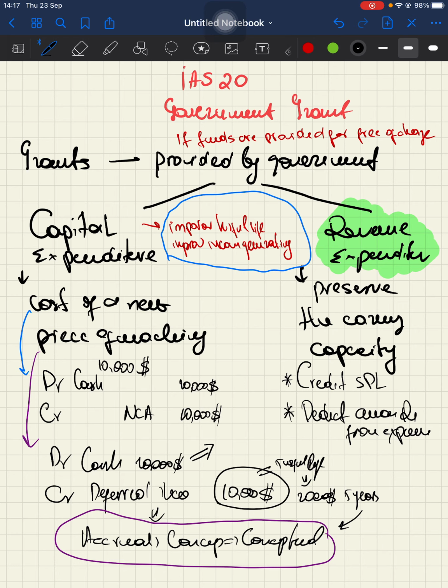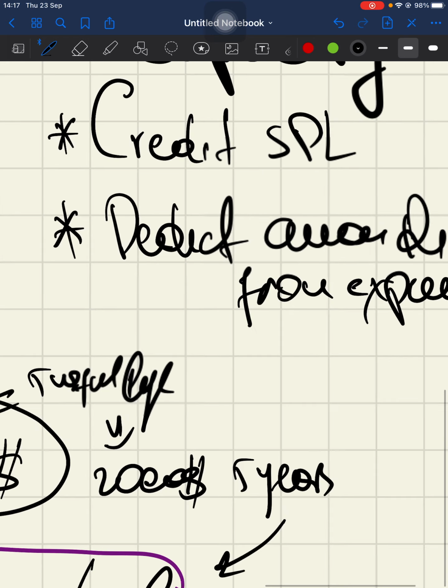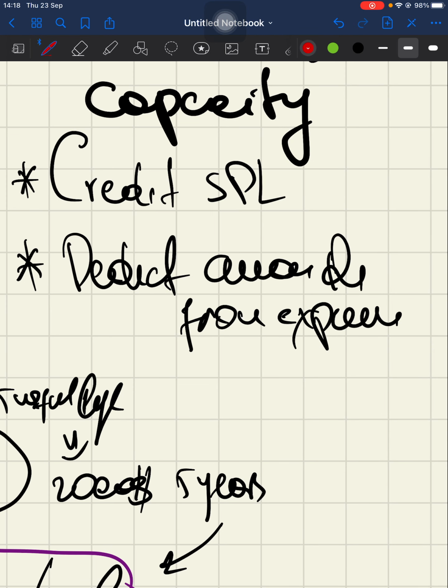Okay, for example, let's assume that we have incurred $10,000 of expense, and government says that I will grant you $2,000 of funds.